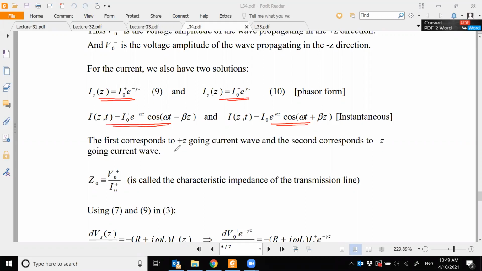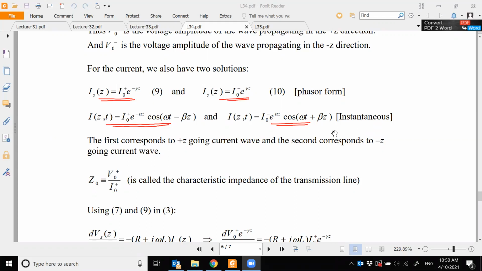Yes, Zuhair. Yes, Doctor, quickly, what are V0 plus and V0 minus? These are the voltage amplitudes, that means our starting voltages you can think. Then as you move along the direction of propagation, this value will decrease.